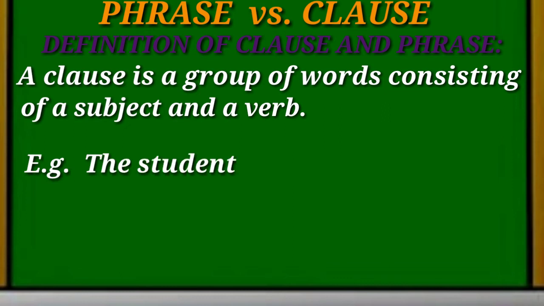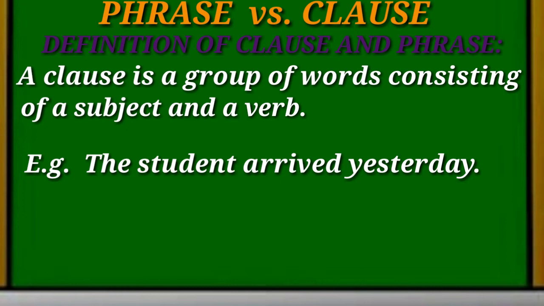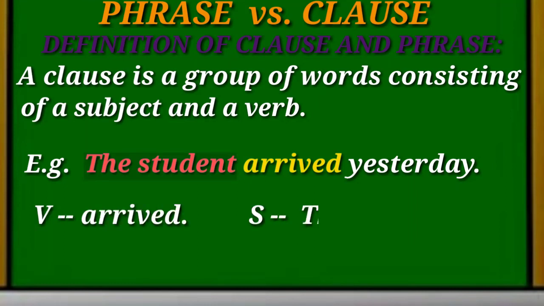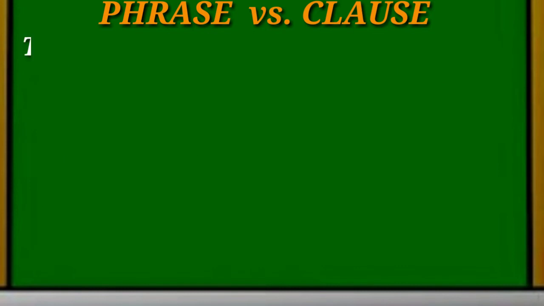For example, the student arrived yesterday. Here, the verb is arrived and the subject is the student. Because we have a verb and subject, we have a clause here.